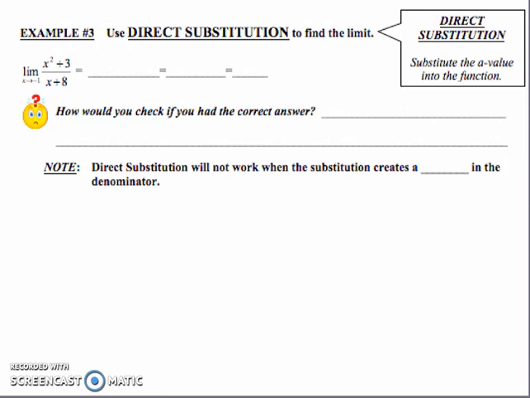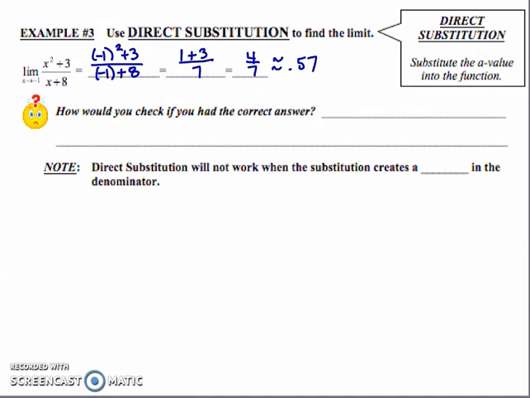So we're simply going to plug the -1 in for the x, and evaluate the function at that value. -1 squared is +1, and then -1 plus 8 is 7, and then finally 1 plus 3 is 4, so I end up with 4/7, which is approximately equal to 0.57 if you were to divide that on a calculator.